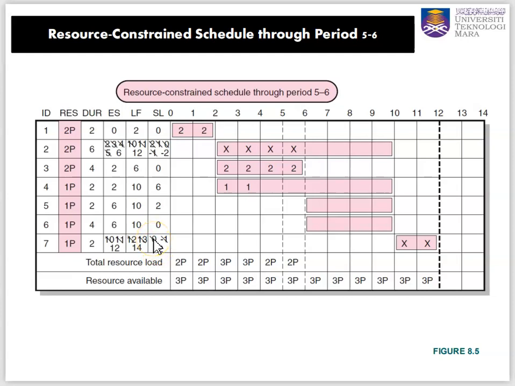Originally it doesn't have any delay, it doesn't have any slack. So we delay by 2 days, it reduces by 2. So we've gone through period 5 and 6. So we will choose activity 2 to be done also because now the slack is minus 2.